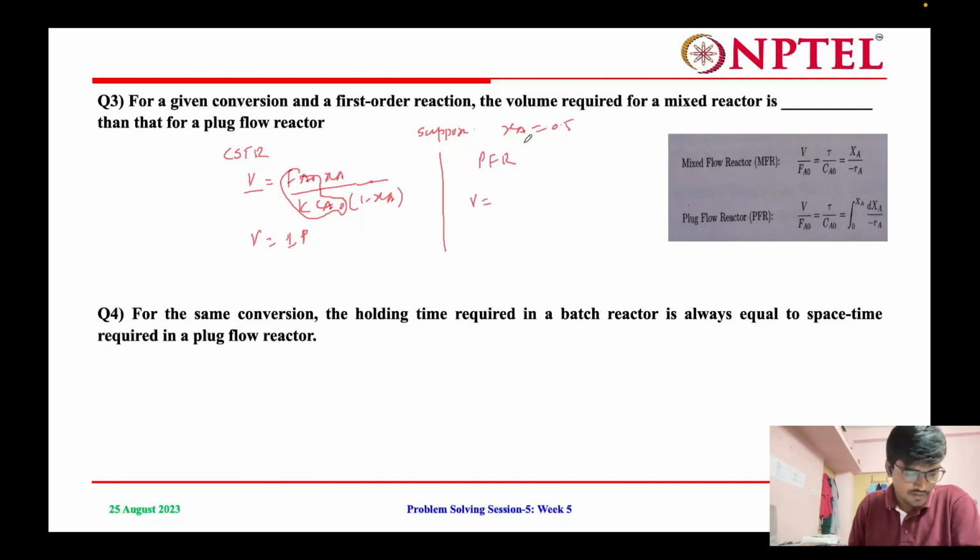V is equal to v naught divided by K CA naught, after integrating, times ln 1 by 1 minus XA. Putting XA equal to 0.5 in this equation, we get 0.693 v naught.